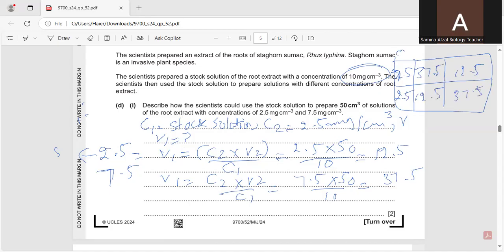So this is the concentration. So volume of stock, and the volume of water. So in this way, you can calculate the answer.